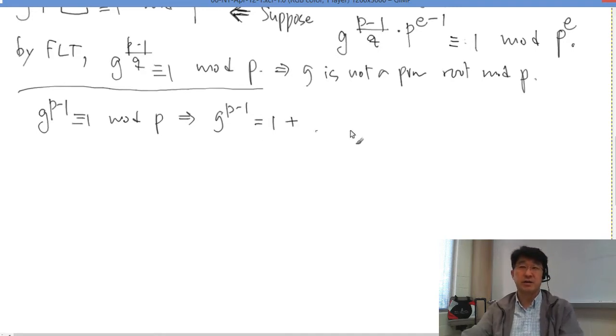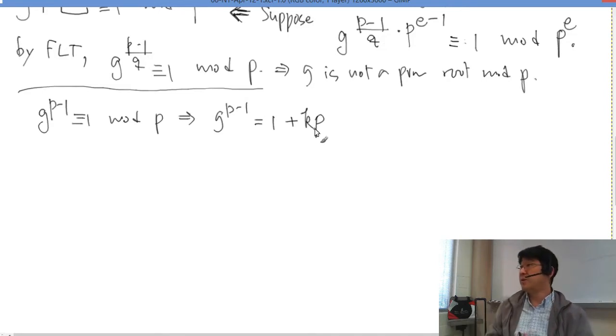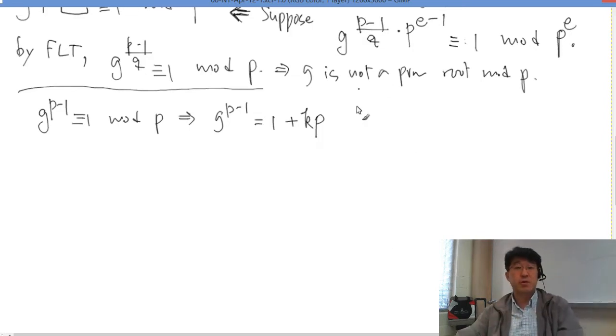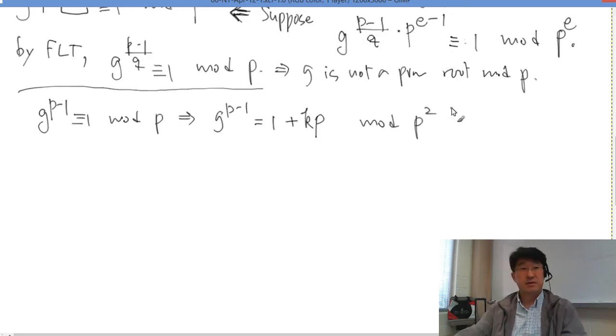What would you write in here? P times a quotient, right? So let's write K in here. That's the statement. G to the P minus 1, primitive root or not, looks like that. Is that right? Yes. So they wanted to go to the next level. We want to consider that mod P squared, and see if it remains a primitive root. That's their goal.